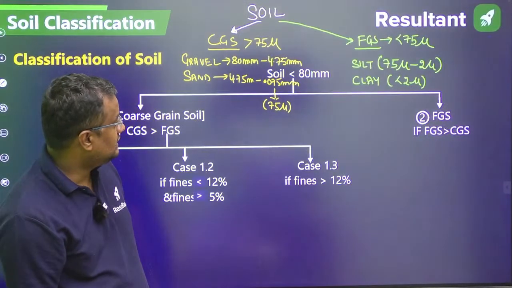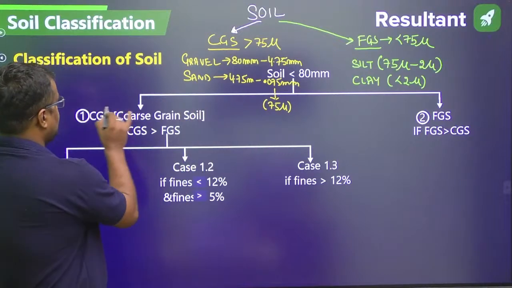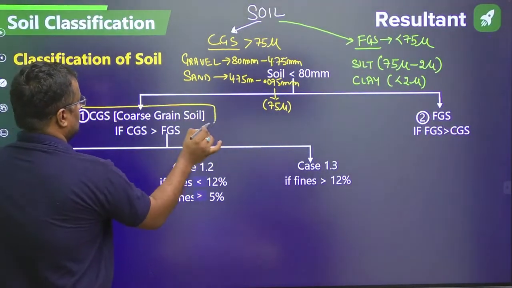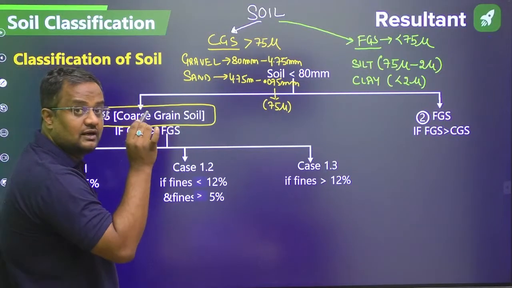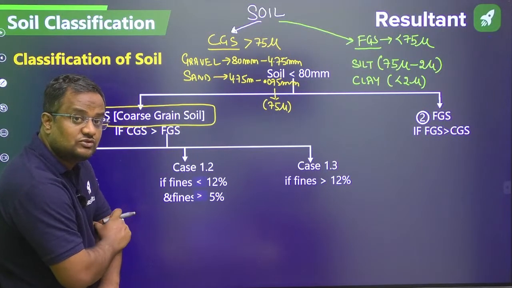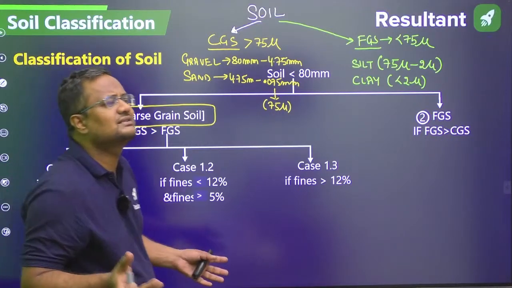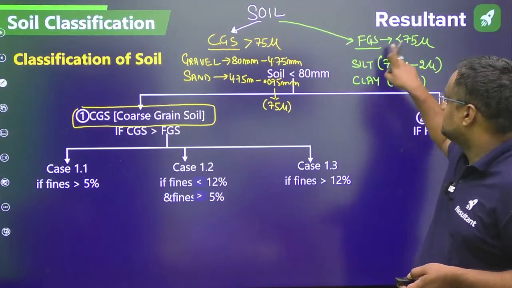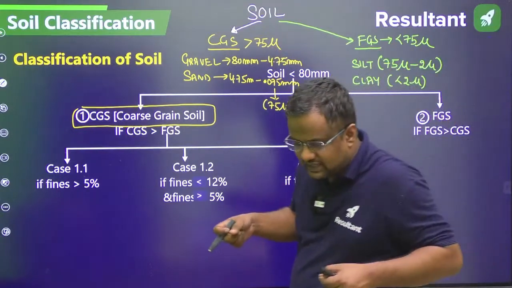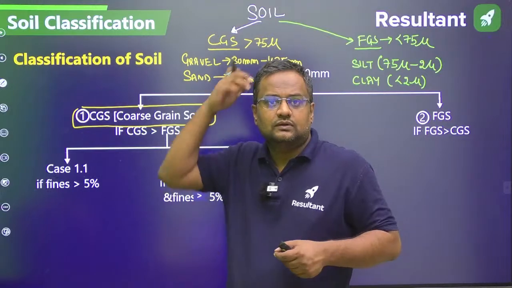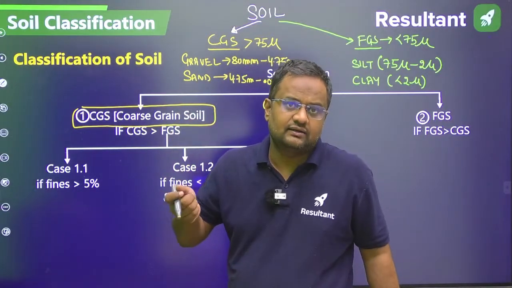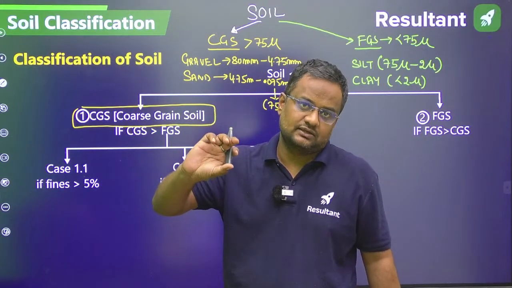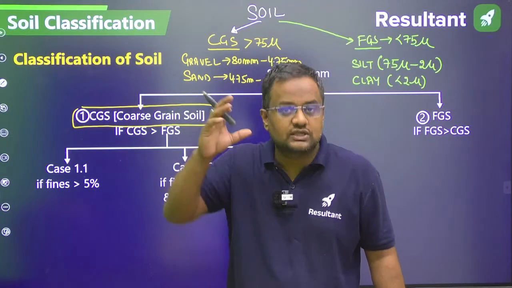So guys, there are two classifications. A soil will be called coarse grained soil when, out of the 1000 gram soil, the larger fraction is coarse grained. Simple, guys. Take a 75 micron sieve. Bigger than 75 micron is coarse grained soil and lesser is fine grained. If you pour the soil on it and sieve it, if the retained particles above are more than 50%, that means the bigger particles are more than 50%, it is coarse grained soil.